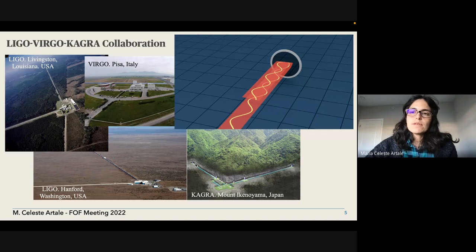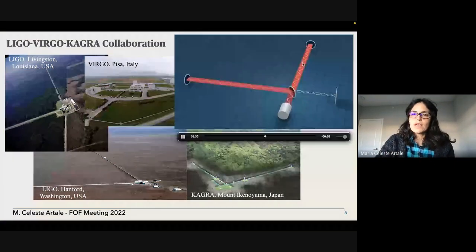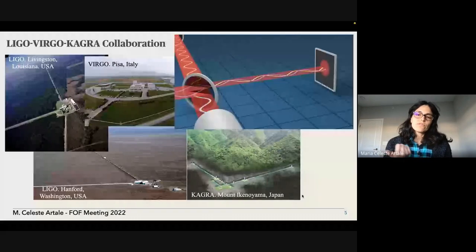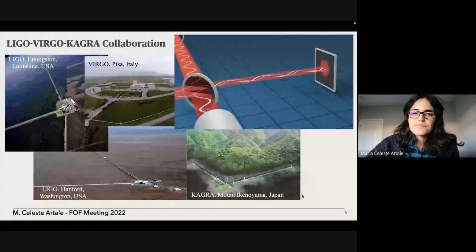And the way we measure these distortions in space-time is through these Michelson interferometers, and these tiny variations in the interferometry can tell us about different properties of these merging binary compact objects, like for instance the masses of the two compact objects, the spins, the luminosity distance, and some other properties, among others.